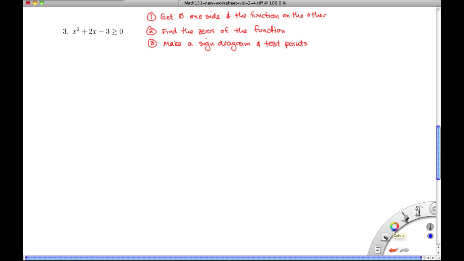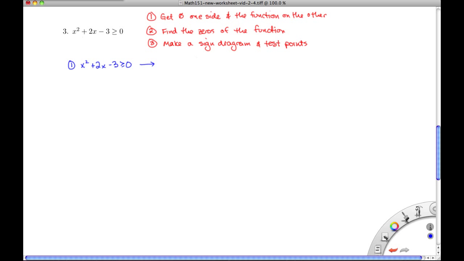So let's try step one. We want to have 0 on one side and the function on the other. Well, this is great. We've already got that. We've already got x squared plus 2x minus 3 is greater than or equal to 0. I think it might be a good exercise here to really think about what this is asking us.